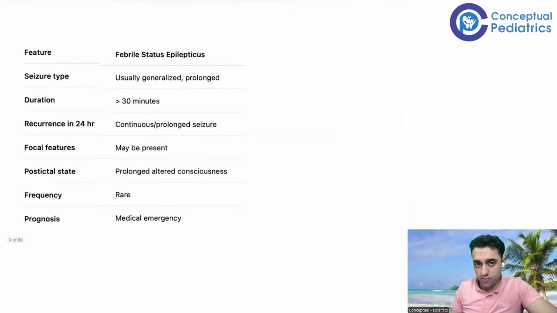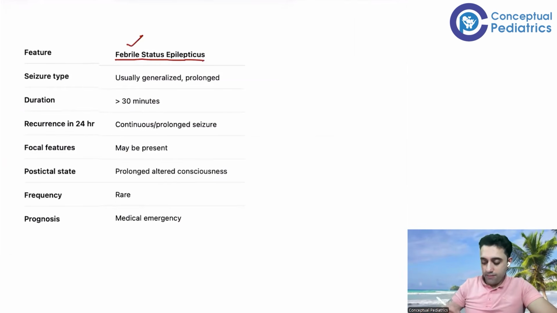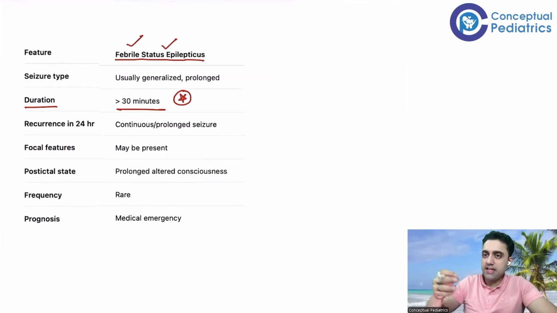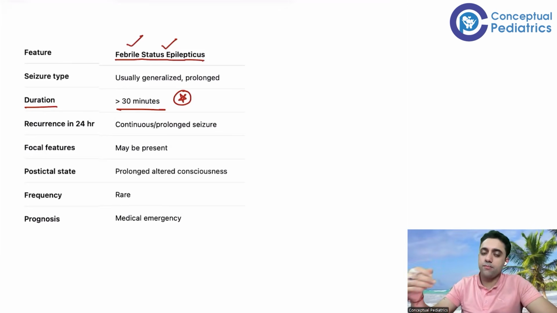Now, very importantly, there is something known as febrile status epilepticus. This is also very nice. Febrile status epilepticus means the patient has fever, and if the fever and abnormal movements last more than 30 minutes, this was an exam question, then you will say the patient is coming in febrile status epilepticus. In general, when a child or adolescent enters casualty seizuring, we say the patient has come in status.